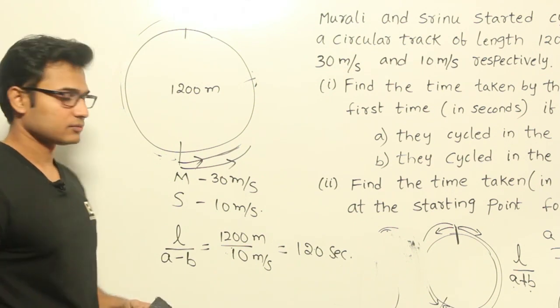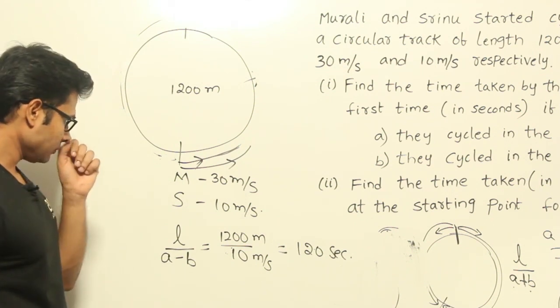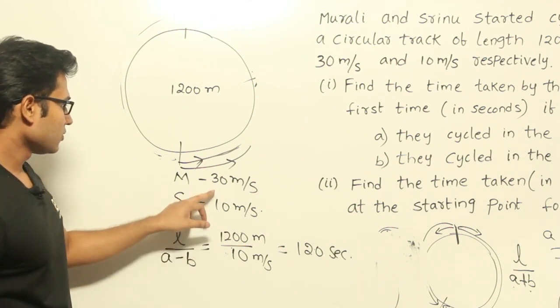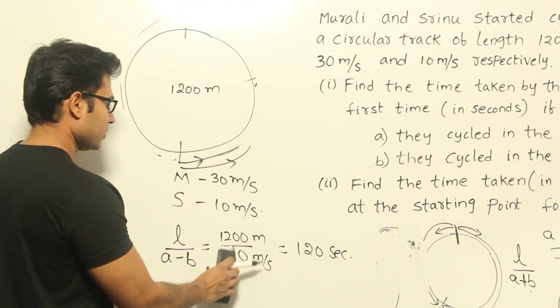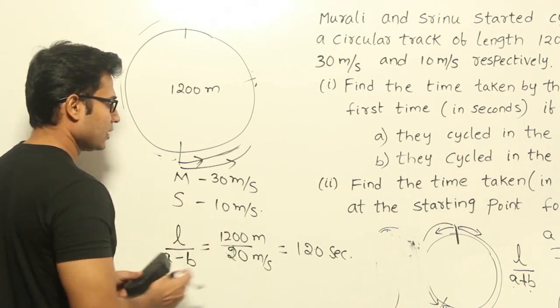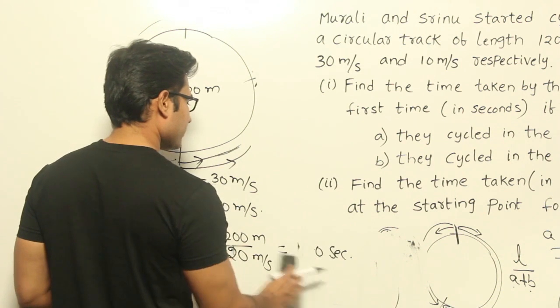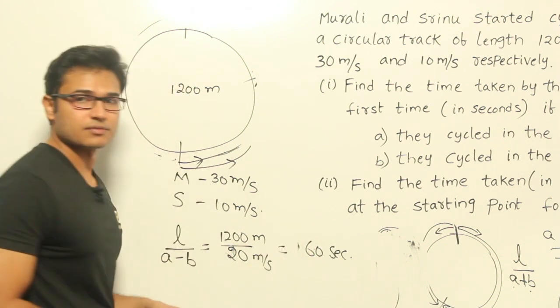Relative speed A minus B is 20, so which is going to be 60 seconds, right?